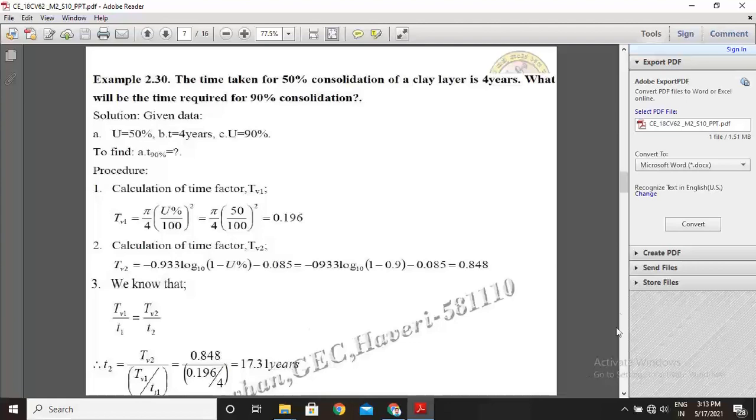So now substitute the values here: TV2 is 0.848 divided by TV1 is 0.196 divided by T1 is 4 years. So now we are getting, for 90% degree of consolidation, the time is 17.31 years. So this is the solution of this type of problem.